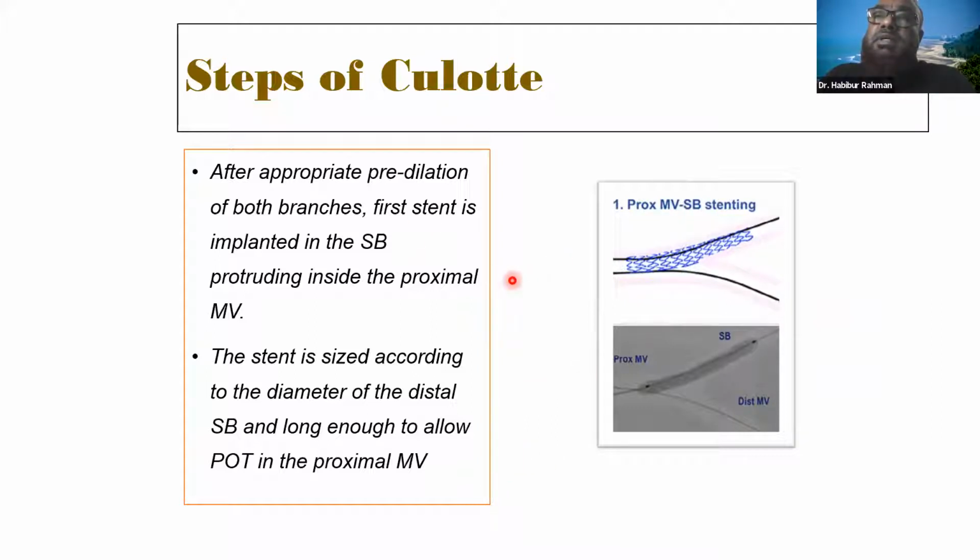Then the first stent is implanted in the side branch, most likely in the most angulated branch. And of course, the stent is sized according to the diameter of the distal side branch and long enough to allow a segment in the proximal branch to allow POT by the balloon which you have in your shell.